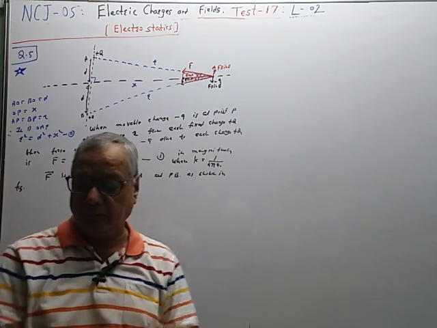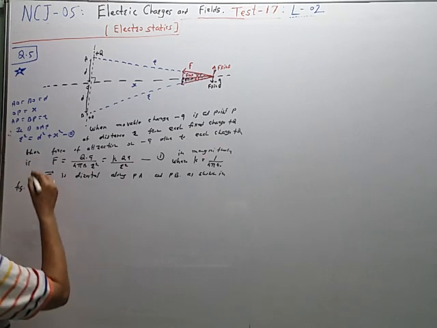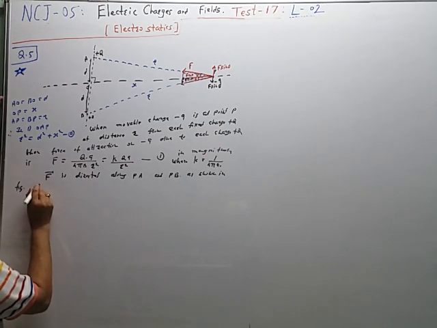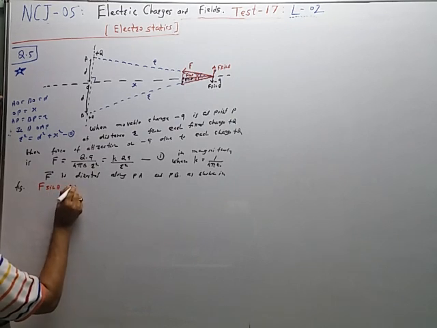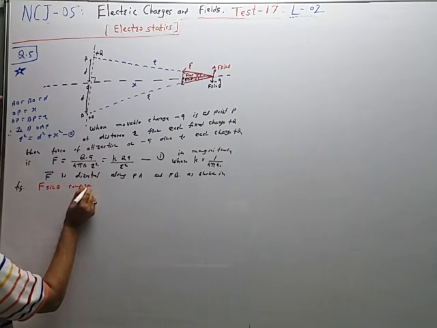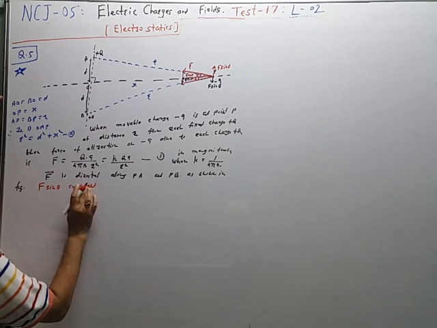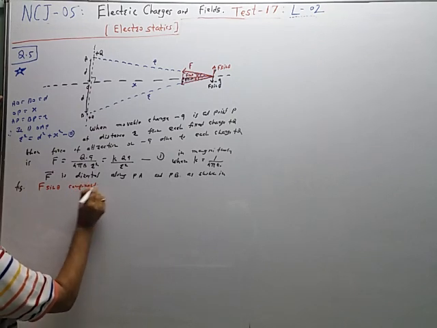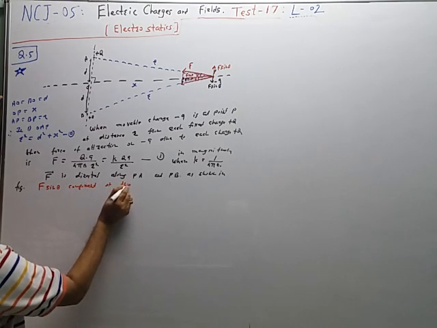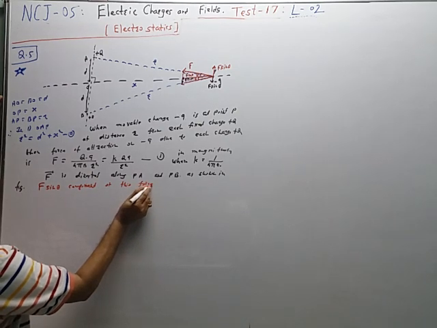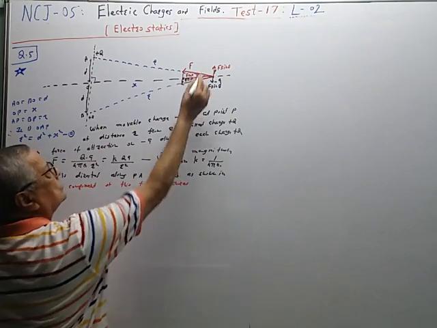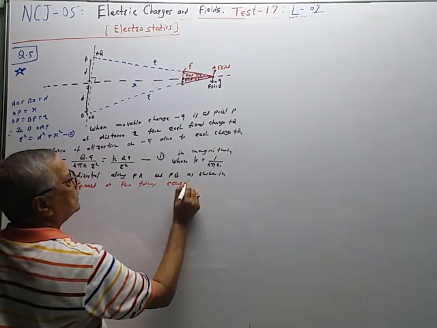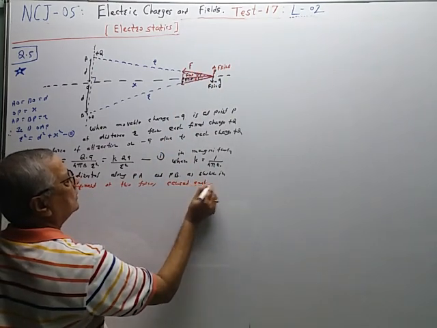Then the F sin theta components of the two forces cancel each other. See, they are equal in magnitude, opposite in direction. Cancel each other.